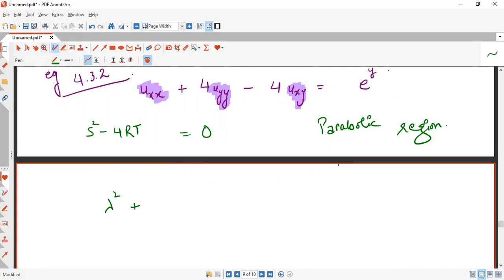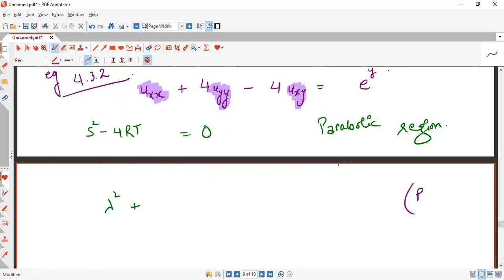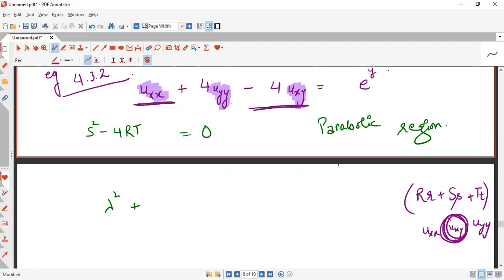Our equation was r lambda square plus s lambda plus t, where this r, s, and t were the coefficients of u_xx, u_xy, and u_yy. The u_xy coefficient we have to look at, right?